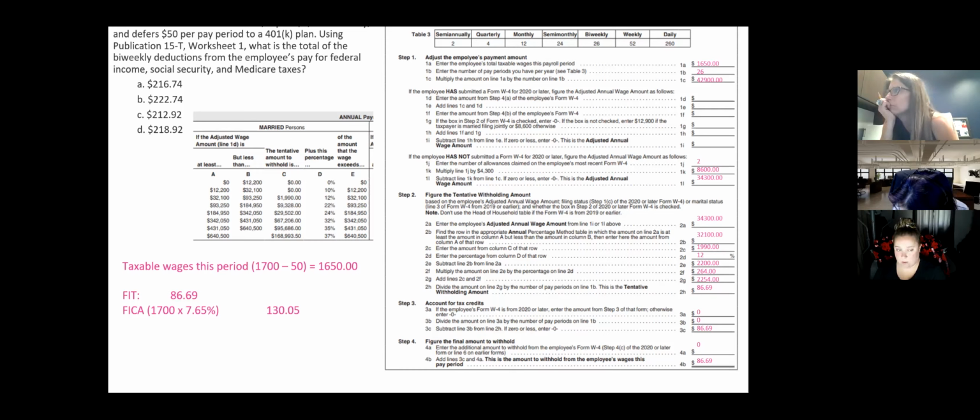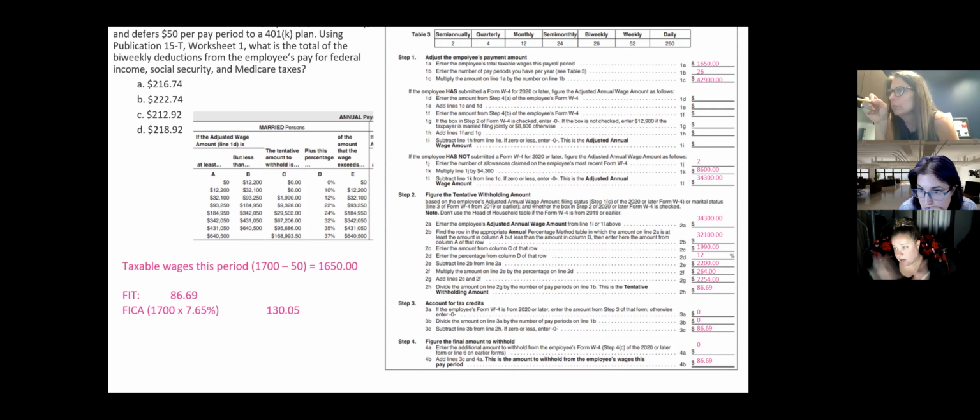We're going to go find that row in our table, put in the amount from column A, enter the amount from column C, enter the percentage, do some multiplication, add to C and to F, and then divide.